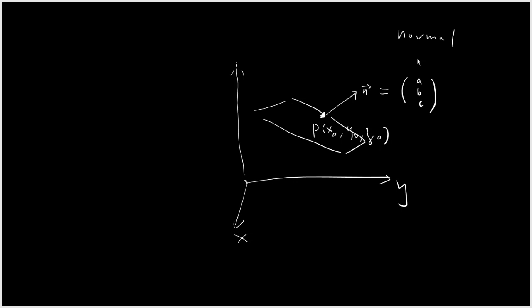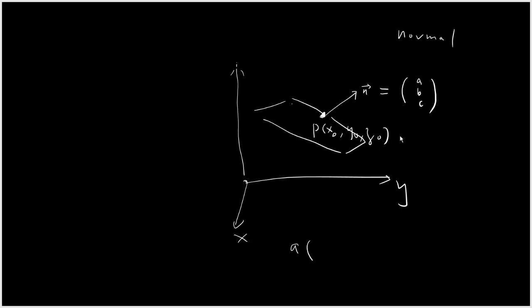Again, the equation of the plane, let's try to memorize together. It's given by the following. A is the first component of the normal vector, x0 is the x coordinate of the point on the plane.